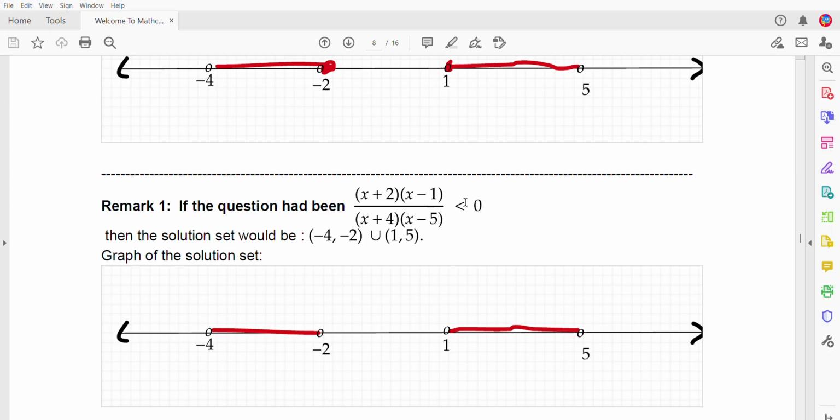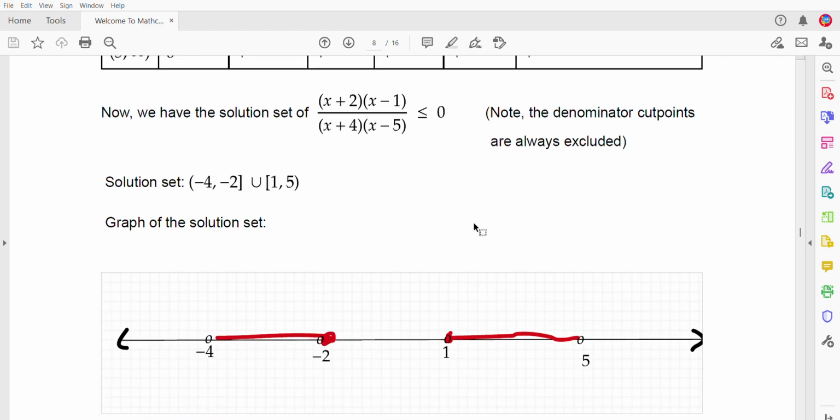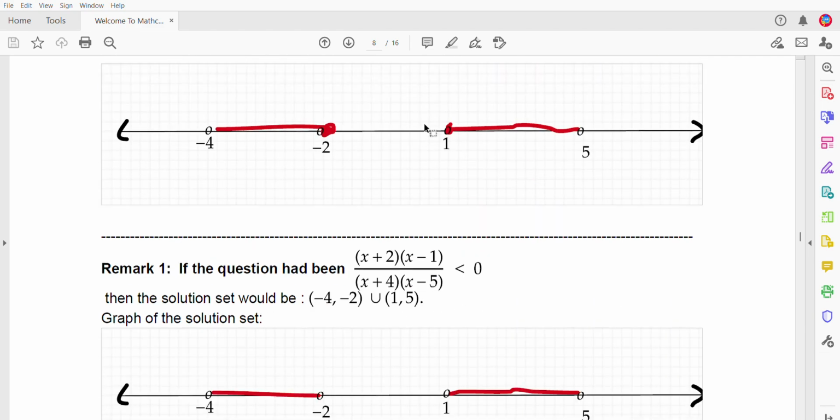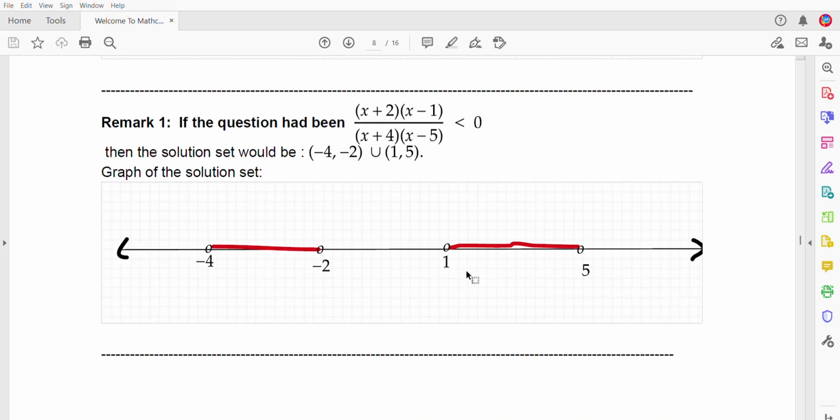Now in this case, endpoints are not included because it is a less than as opposed to less than or equal. Denominators are always excluded. In this problem, even the numerator is excluded. Negative 2 and 1 are excluded because it is a less than. Graph endpoints are not included.